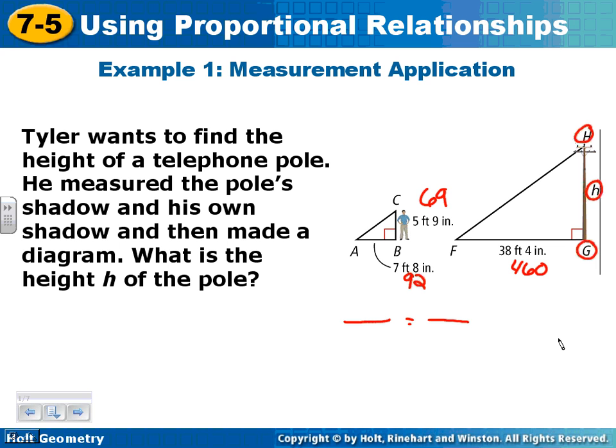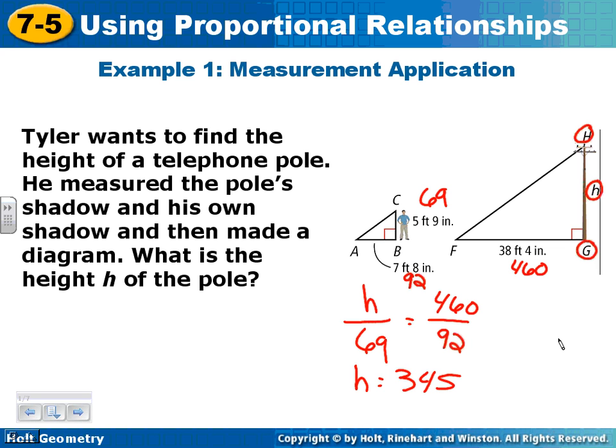And I would set this up, I always like to start with the h. H corresponds to the 69, or the height of Tyler. I keep that proportion. 460 over 92 would be my next fraction. And we've cross multiplied 100 times already. That means that h comes out to be 345 inches.